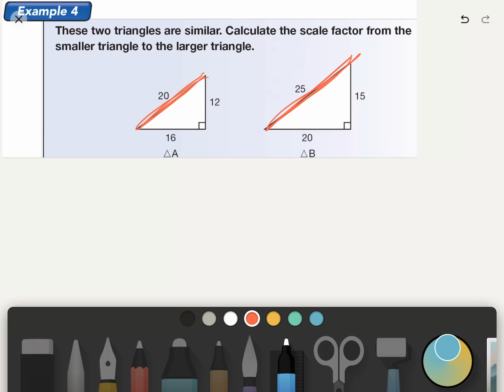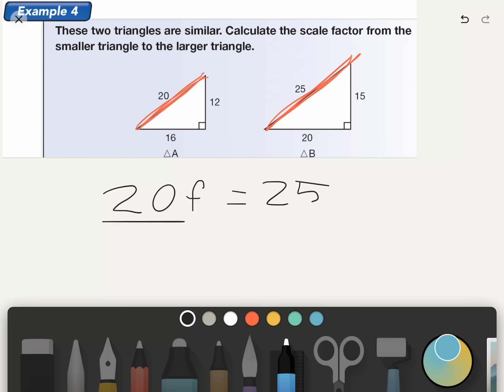Essentially we can just set up the problem as 20 times whatever the scale factor ends up being equals 25, right?